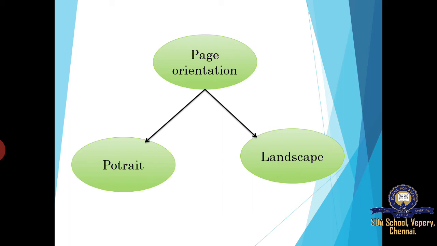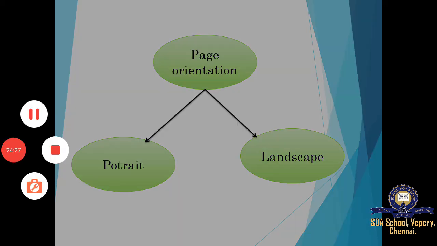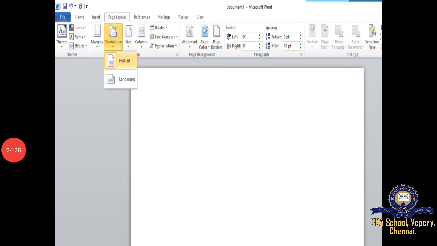Can we say it again? If the length of a paper is more than the width, it is called portrait, and if the width of a paper is more than the length, it is called landscape. In the Page Layout tab, there is an option called Orientation.